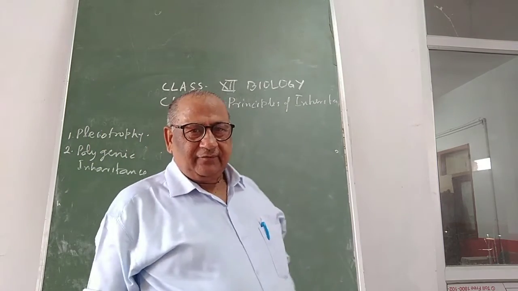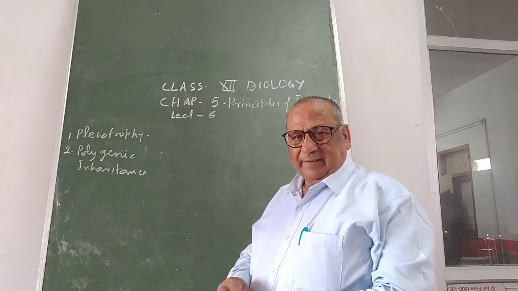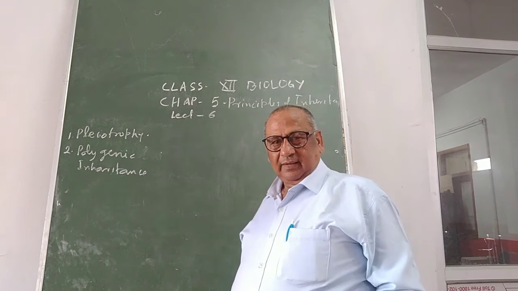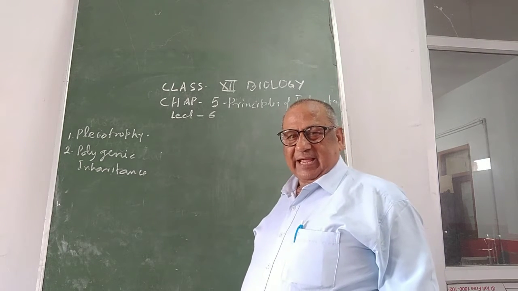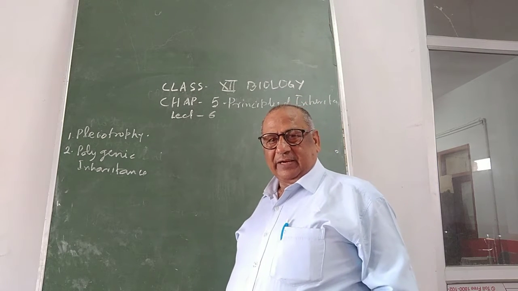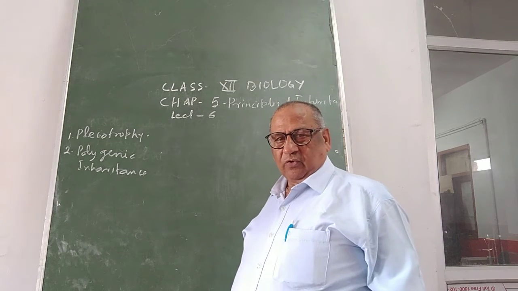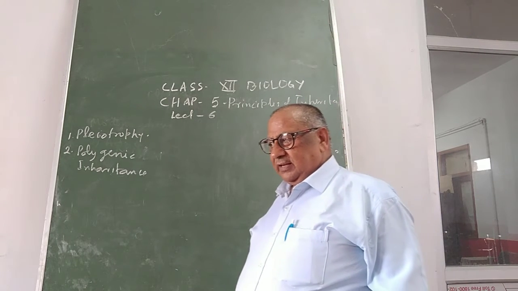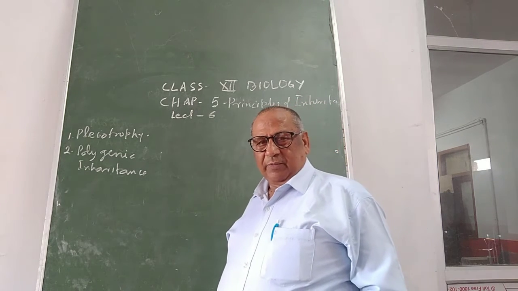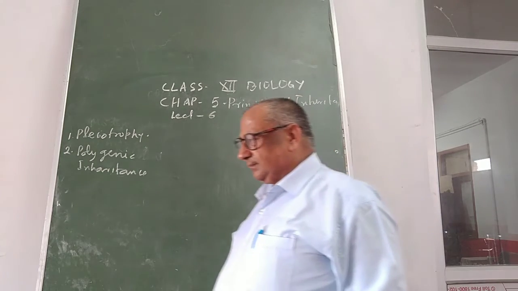Before this, we already made 5 lectures, starting from number 1, pre-Mendelian inheritance, number 2, principles of inheritance, law of dominancy, law of segregation, law of independent assortment, third, monohybrid cross, fourth, dihybrid cross, fifth, test cross, incomplete dominancy cross, and codominancy cross.